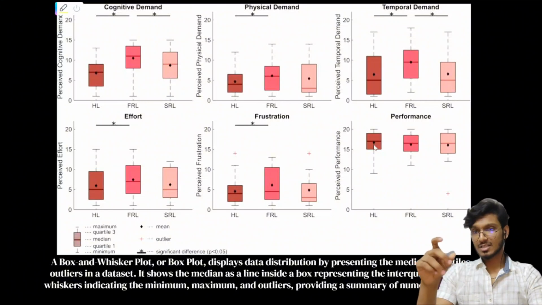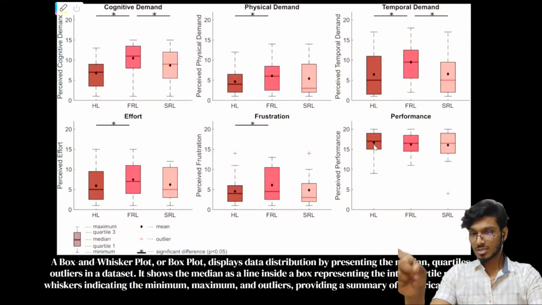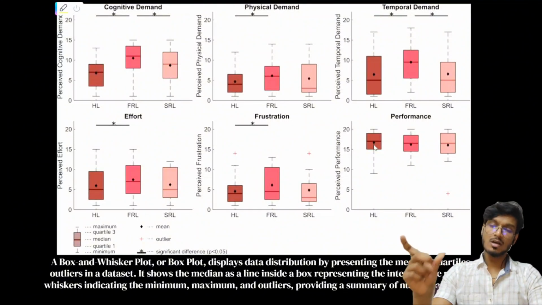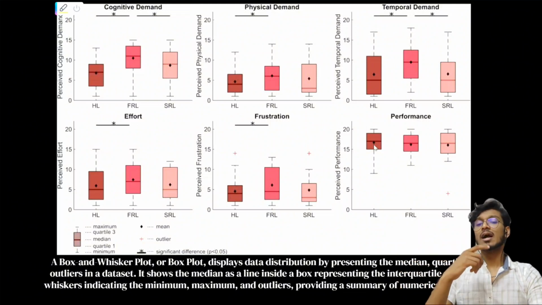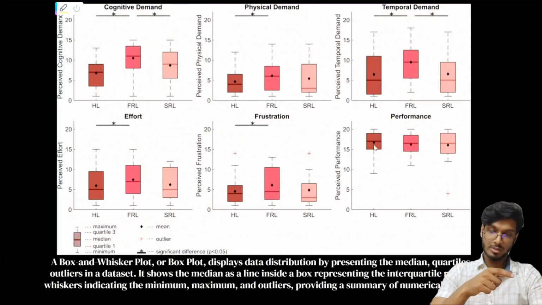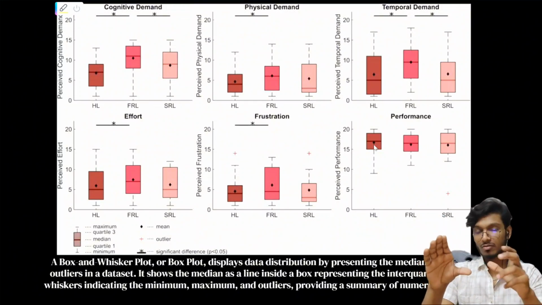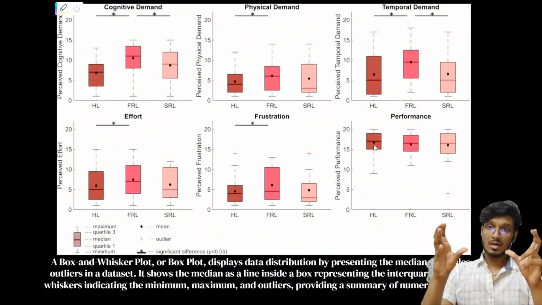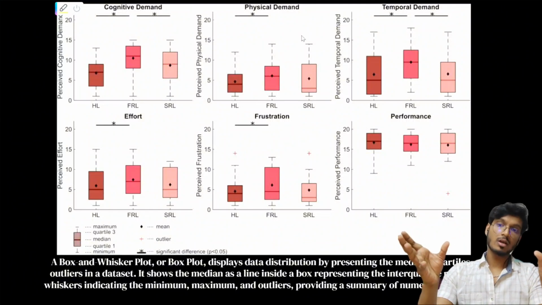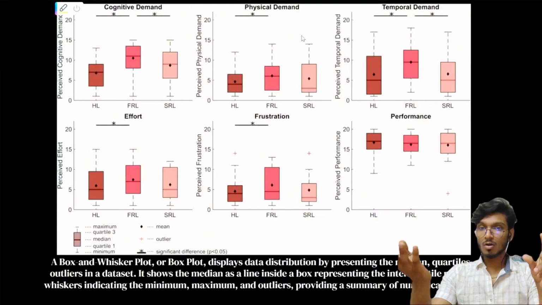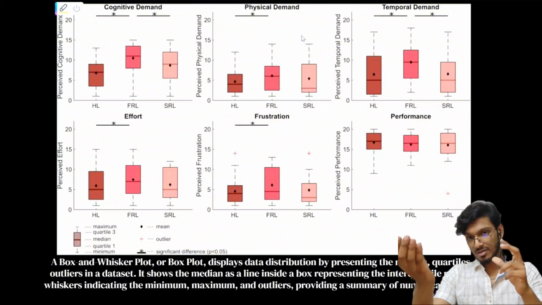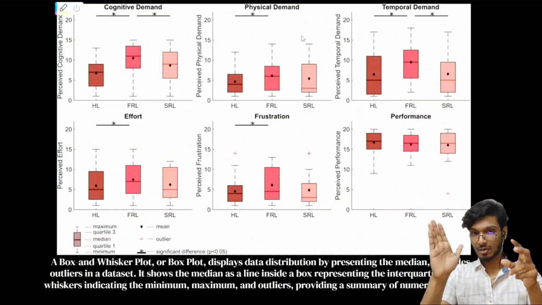For example, as I explained in the previous slide, HL means human lead, FRL means fast-paced robot in the lead, and SRL represents slow-paced robot in the lead. For completing a particular task, there are different types of requirements. Cognitive demand is the intelligence and memory power required for completing that particular task.